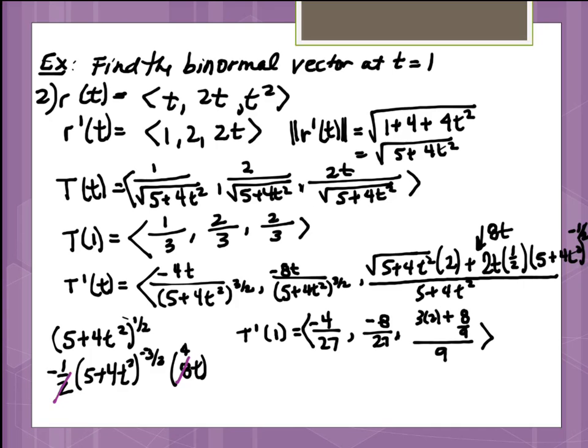Okay, and this last piece also works out to being 10 over 27 if we were to reduce it. So another over 27.